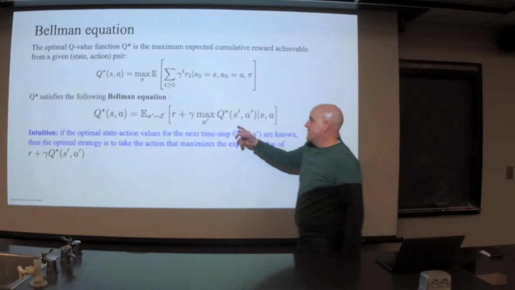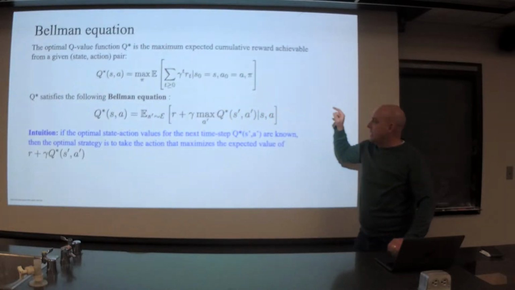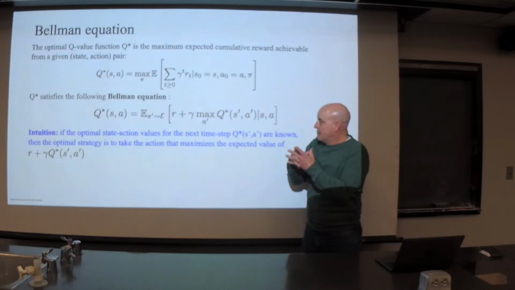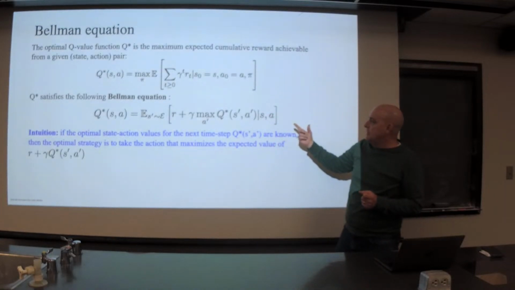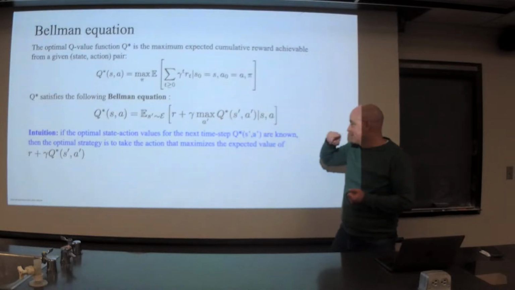And it turns out that it satisfies the Bellman equation, which is a recursive formula that looks like this. What it's saying is that the optimal Q value function is a function of itself. That's the recursive nature.